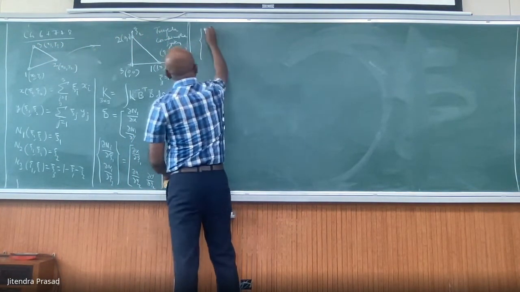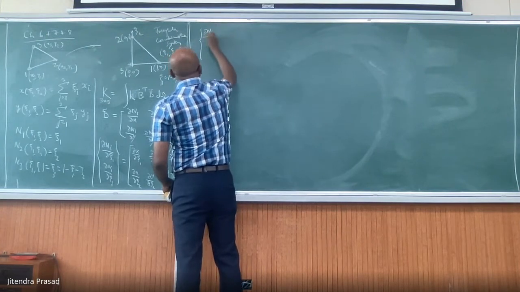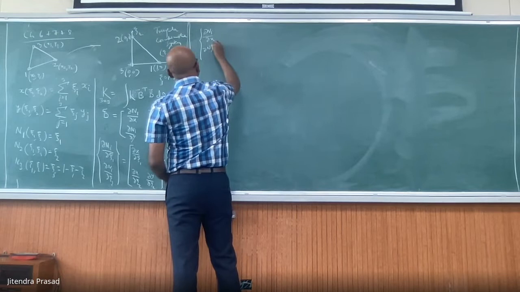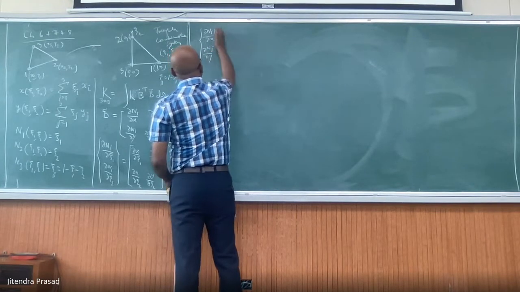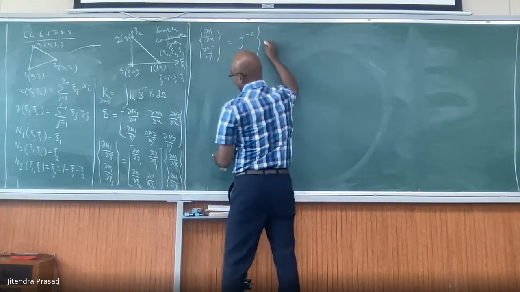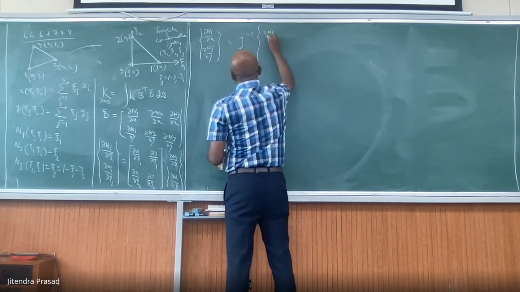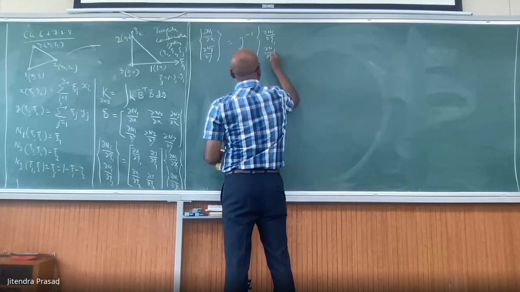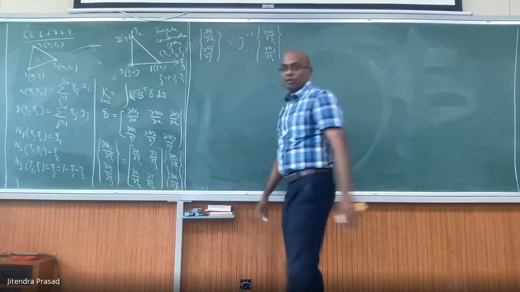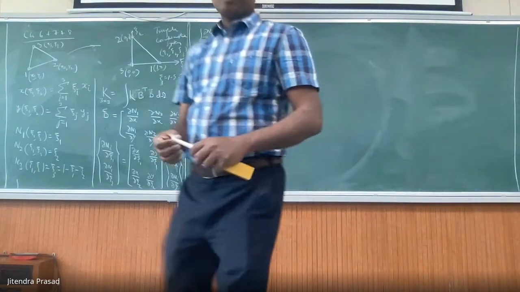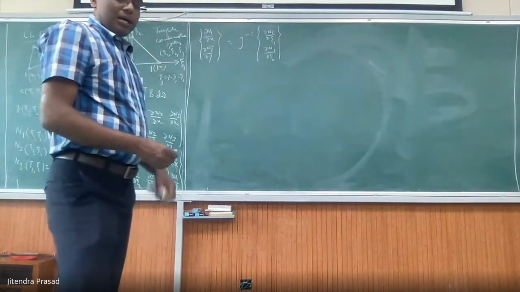So you get del N_i over del x and del N_i over del y equal to the inverse Jacobian matrix times del N_i over del xi1 and del N_i over del xi2. Any questions, guys?